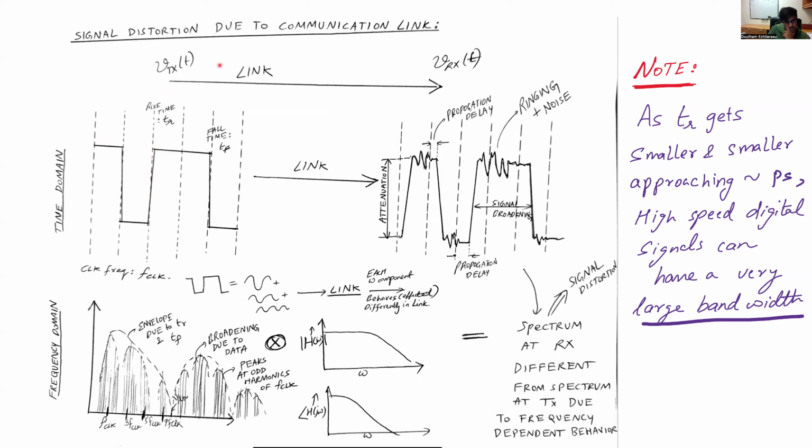If this signal is now sent through the link, it undergoes distortion and ends up looking something like this. Let us try to understand a little more how this happens. We know from basic circuit theory that rather than trying to understand how the circuit behaves to a nonlinear signal like this, we like to think of the signal in the frequency domain.